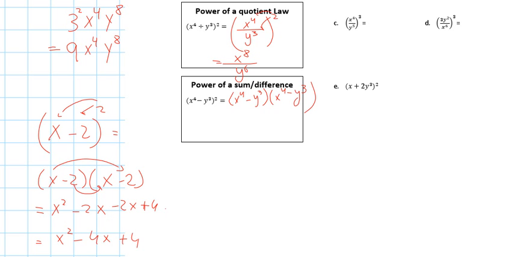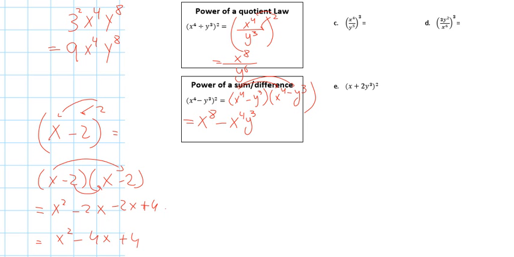So let's FOIL. What's x to the power of 4 times x to the power of 4? So I'm going to have to do x to the power of 4 times x to the power of 4, which gives me x to the power of 8, because I add my exponent when I'm multiplying. Okay, what's x to the power of 4 times negative y cubed? It's going to be negative x to the power of 4 times y to the power of 3.